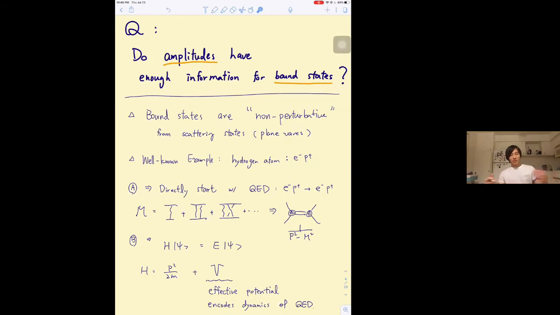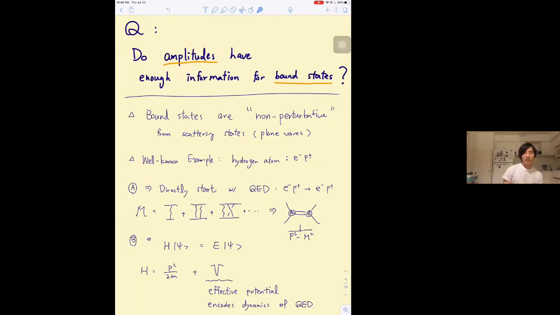Once you resum these dominant diagrams, what I find is that the amplitude develops a new pole, which is not present in your original states. And these poles correspond to the bound states coming from this electron and proton. You can actually read off the hydrogen atom spectrum from these poles.